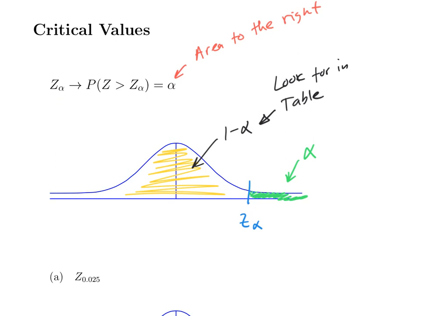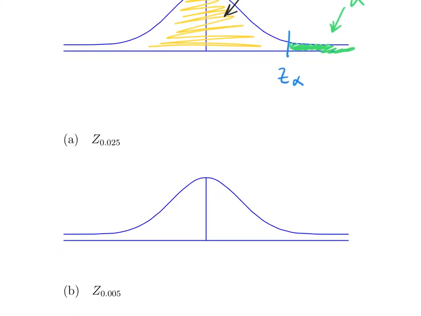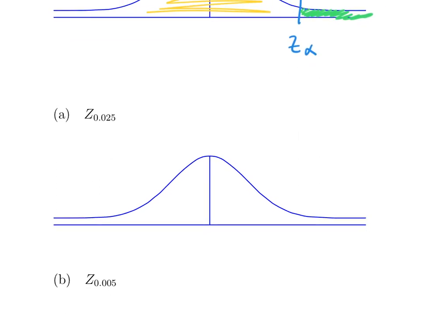Okay. This question, part A, is the same question we did like the previous example, actually. So here, what is this telling you? C of alpha is somewhere here, right? So in this case, it's 0.025. So what does this mean? That the green area is 0.025.